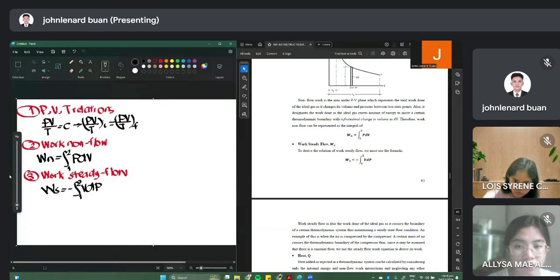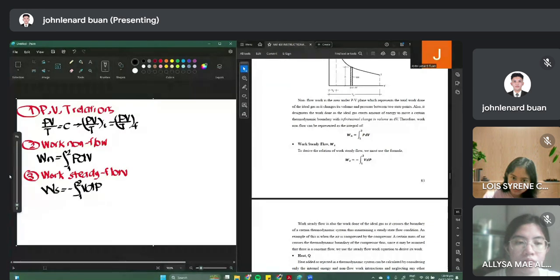Sir, what is the difference between work steady flow and work non-flow? The difference between the two is that work non-flow is obtained in a closed system, while work steady flow is obtained in an open system. Please take note of that.